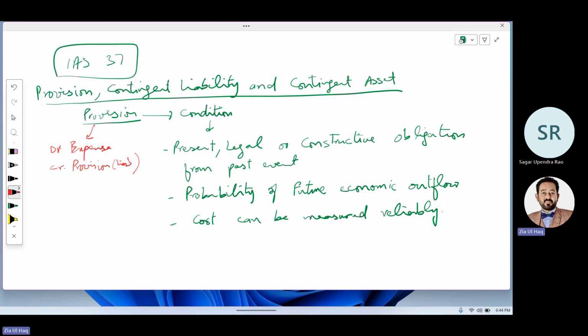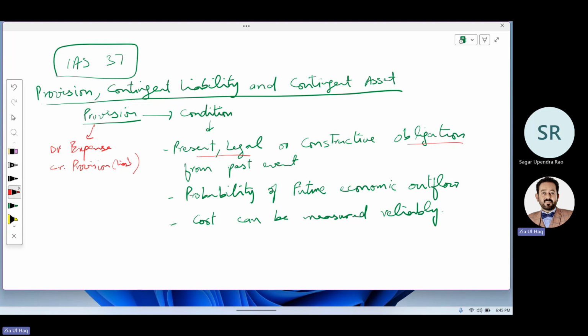In the past, meaning during the year, the company has caused environmental pollution. And there was a law, and the company has breached that law relating to environmental pollution. This means there are chances the body or court will impose fines and penalties upon the company. This means there is a present legal obligation.